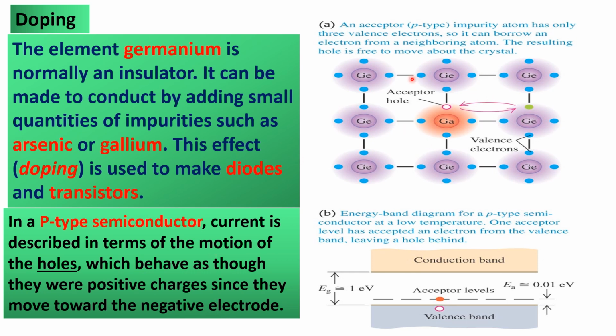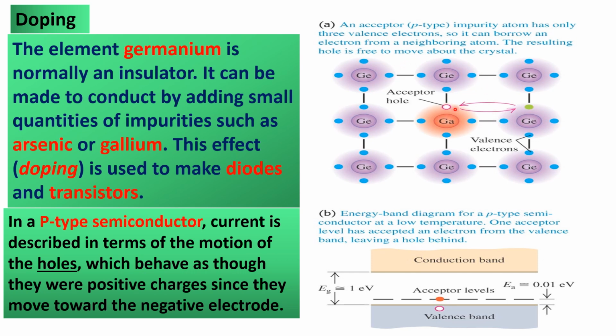As illustrated in this figure, letter A, gallium, which is an acceptor impurity or a p-type semiconductor material, has only 3 valence electrons. So it can borrow an electron from the neighboring atoms of germanium. The resulting hole is free to move about the crystal.